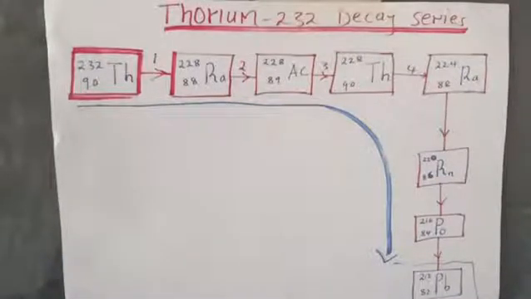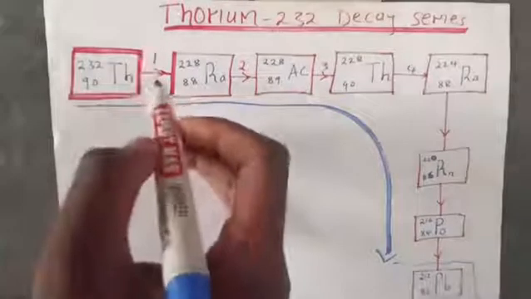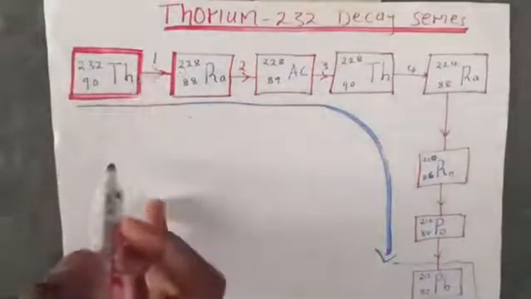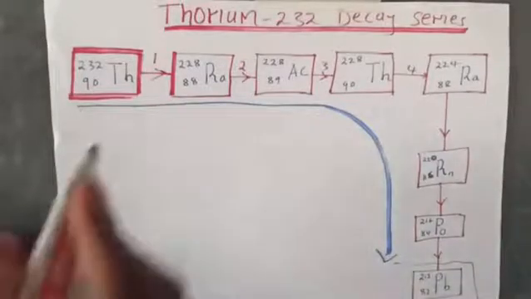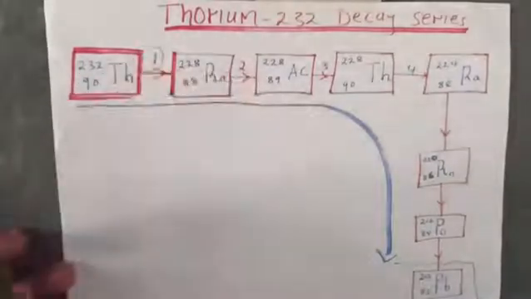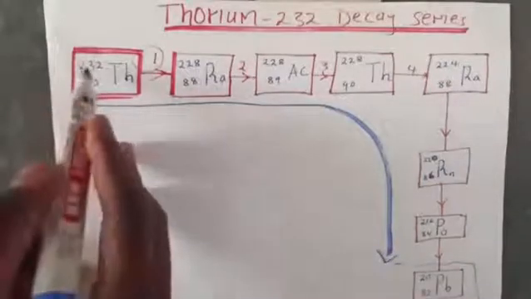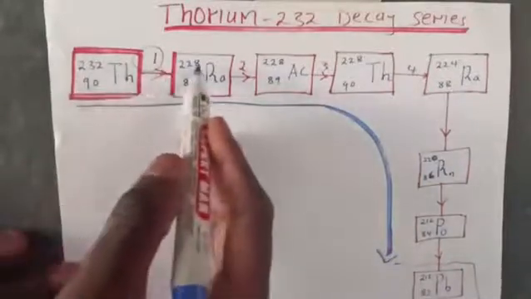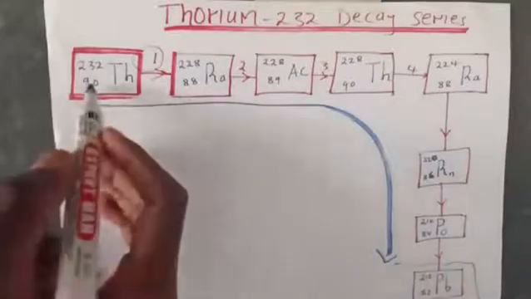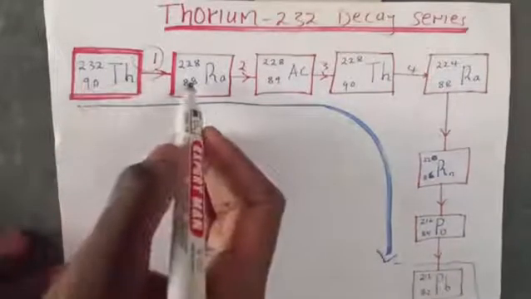And in the decay series, it is important to note that we are able to identify the decays that are happening at each and every step. So for example, if you look at where we have one here, thorium is decaying from a mass number of 232 to 228, and the atomic number is decreasing from 90 to 88.